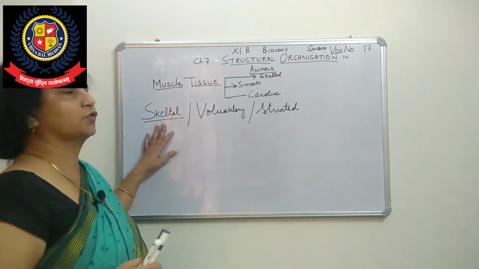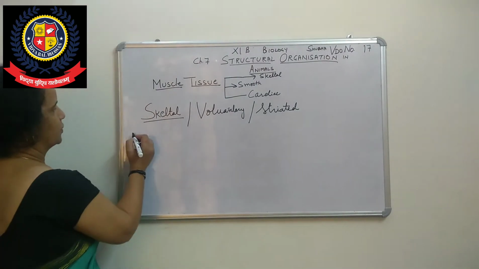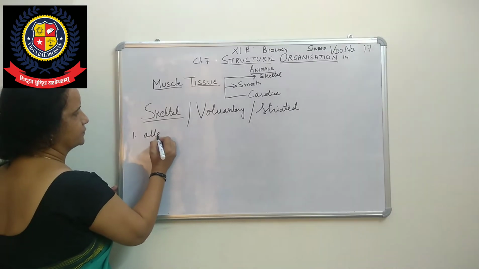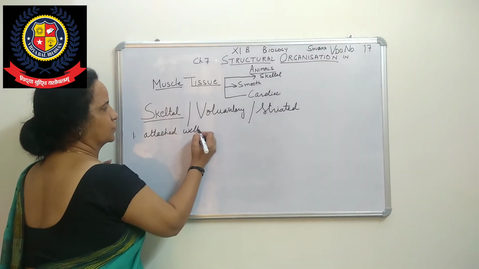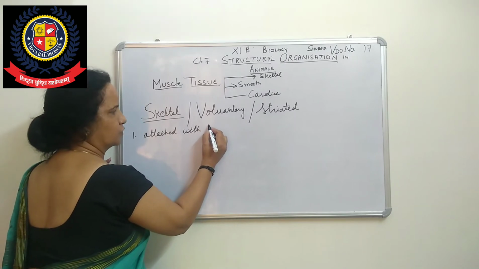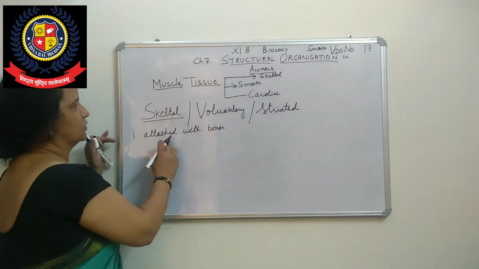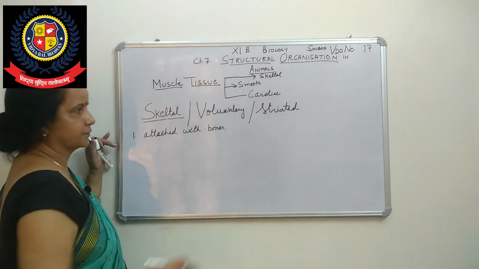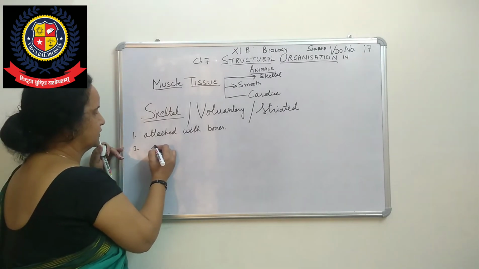Why is it called skeletal muscle? The first reason is because it is attached with bones, or you can say attached with the skeleton. Why is it called voluntary? Because it is under control.